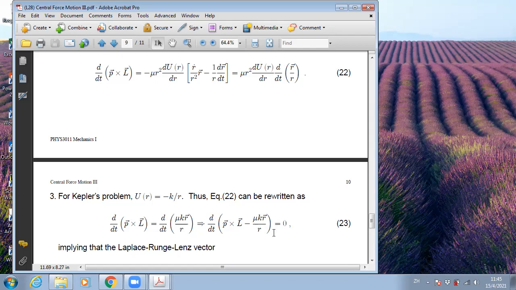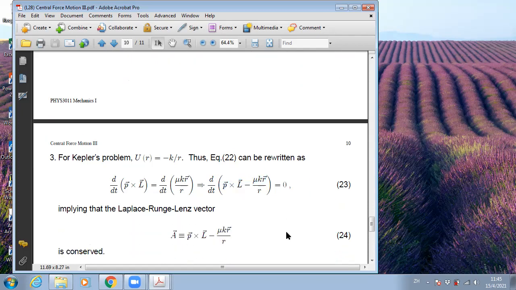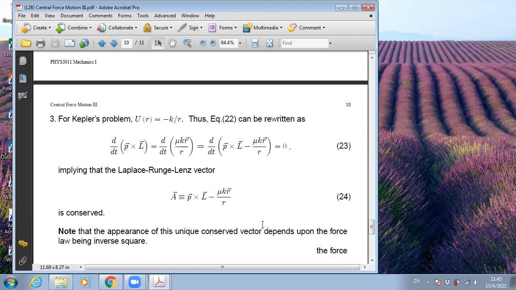Then we get 0. And this whole term, we give it a name, the Laplace-Runge-Lenz vector. So this vector is conserved.